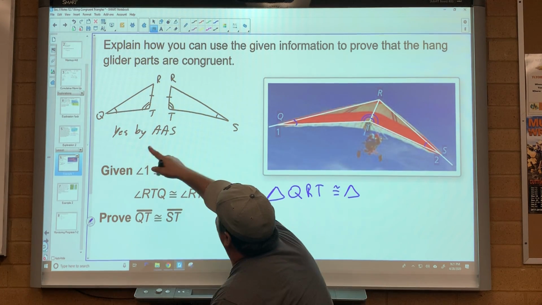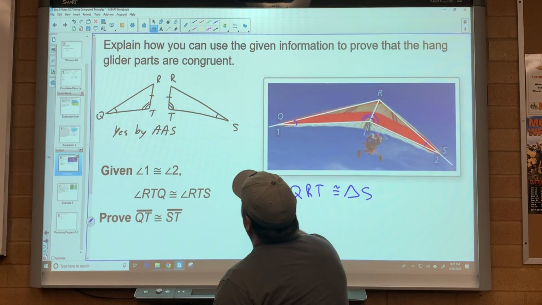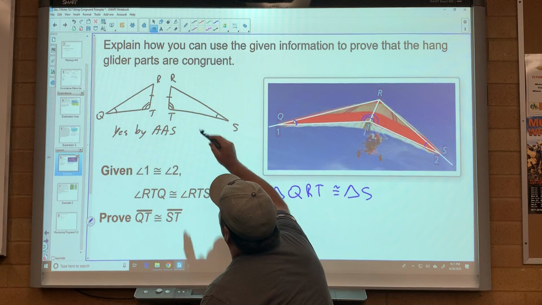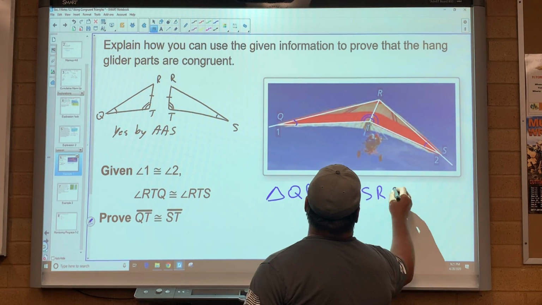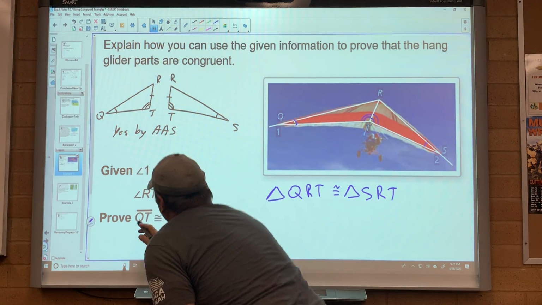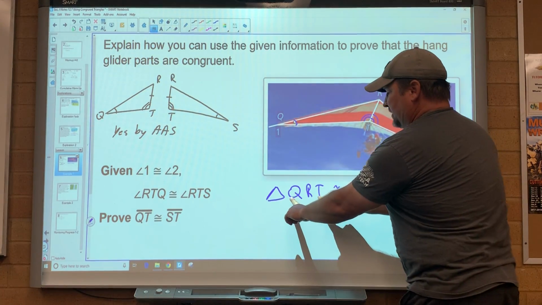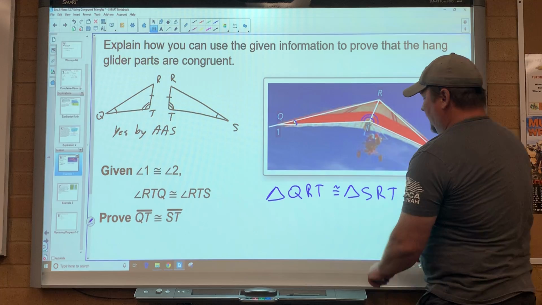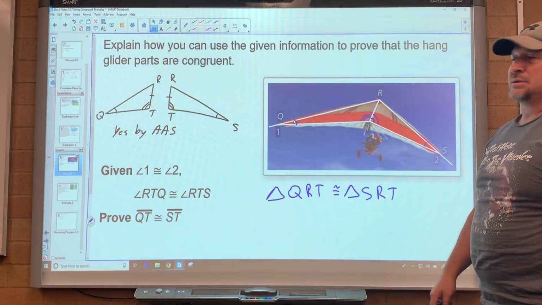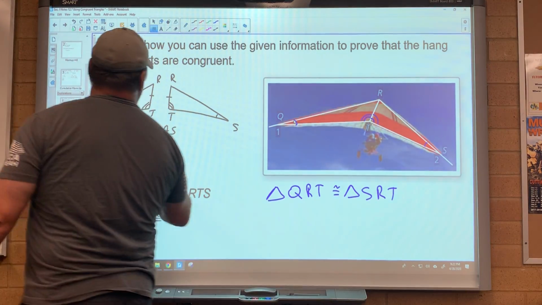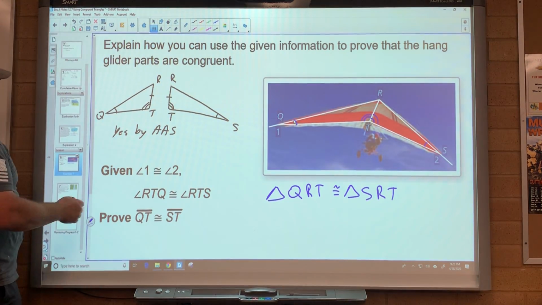Now watch, Q went with S, R went with R, and T went with T. And what did they want to prove? QT, same letters, they're apart from each other by R, and ST, they're apart from the other, so they're in the right spots, we've got congruence. So we're good, we just proved it by angle, angle, side, angle, angle, not included side.